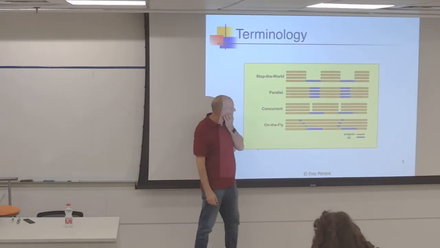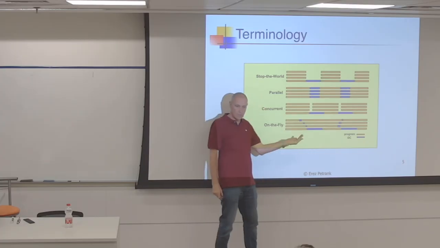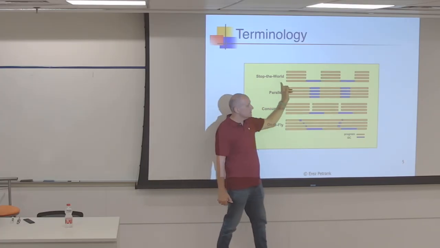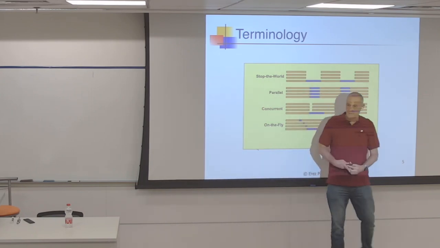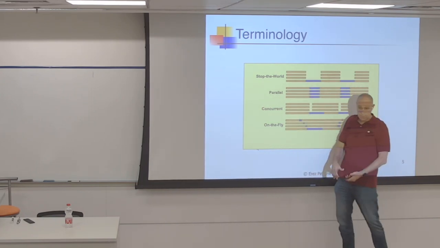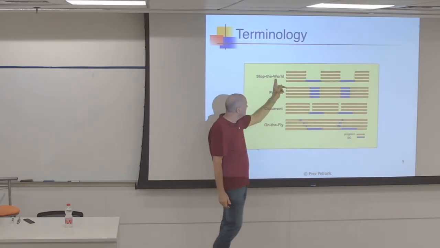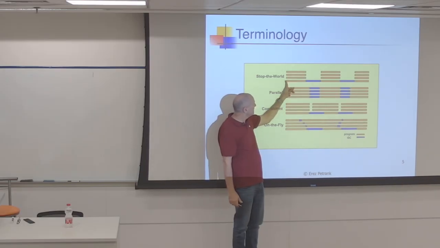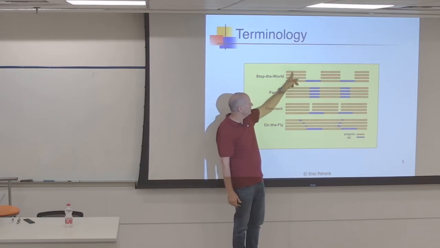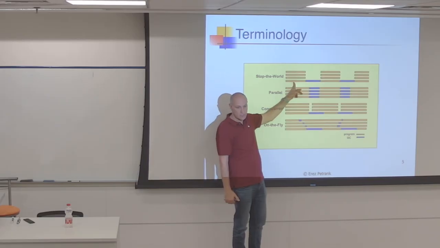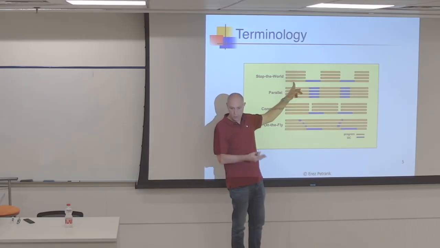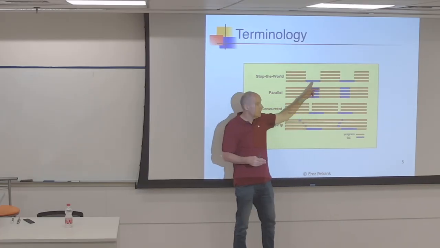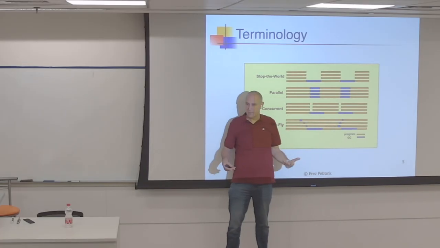In terms of terminology, we're talking about concurrent and parallel garbage collection. Think of this as time, and each line is a core. In what is called Stop the World collection, you have four cores, and let the orange lines be the program execution and the blue or purple lines be the collector execution.